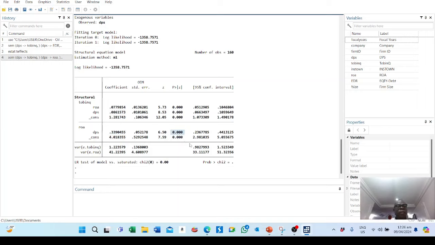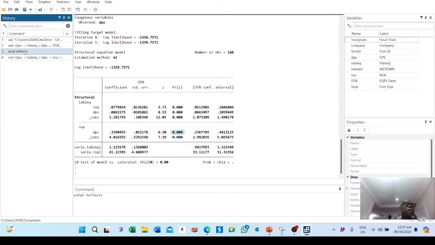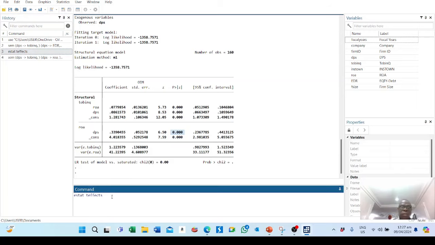This means that dividend per share has a highly positive impact on ROA. So the next thing for us is to quickly test or decompose this relationship to know the direct and indirect effect. So I'll click on the start total effect command, enter.